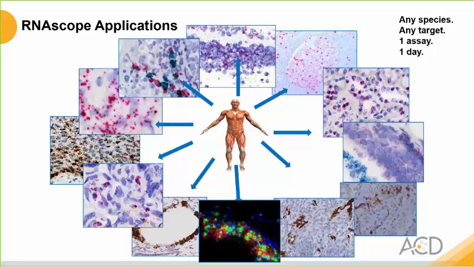DAPI in our hands is generally used mainly for the identification of nuclei and being able to determine where one cell starts and one cell ends.